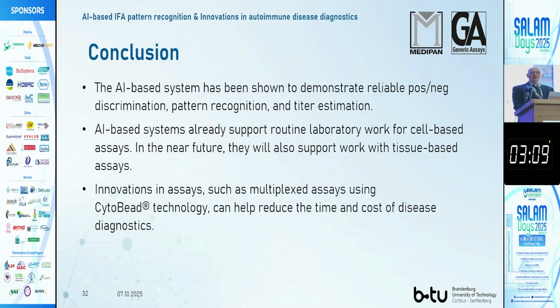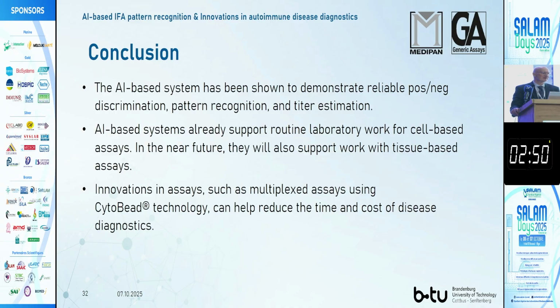Well, that brings me to my conclusion. I hope all the data that I have presented today have convinced you that AI-based systems will play a pivotal role in the future autoimmune routine lab.